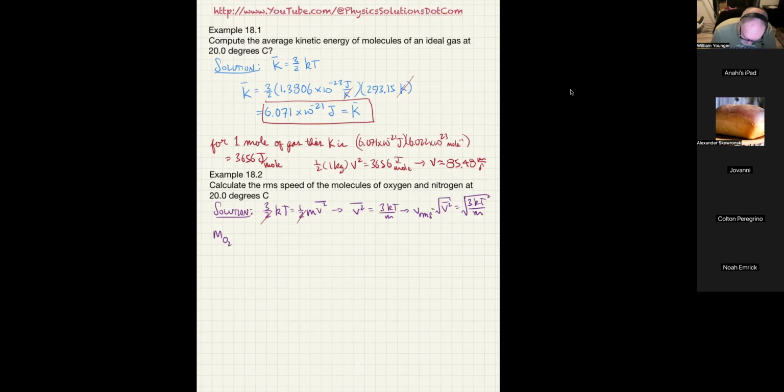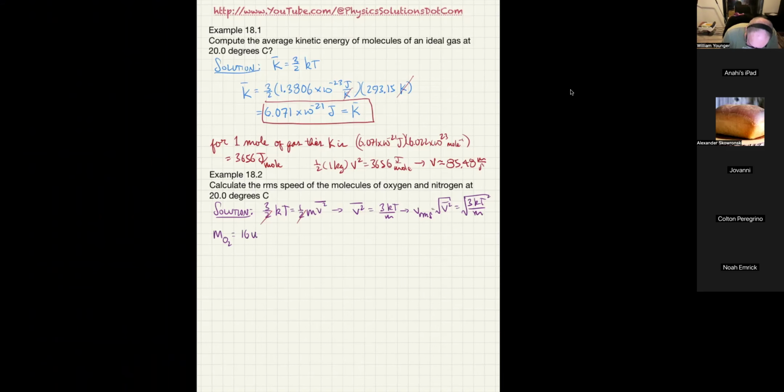And of course, the mass of O2 is given by, if you look at the periodic table, like 7.9963 or something like that for oxygen. And I actually have to use 2 oxygens. So instead of being approximately 8, it's going to be approximately 16.